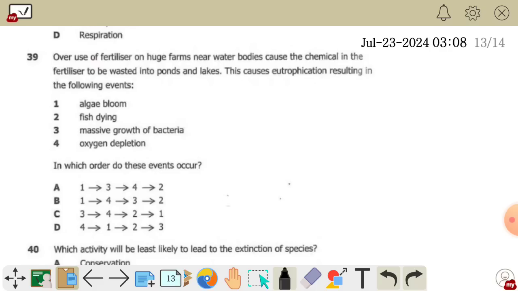Then from there we are going to have massive growth of bacteria. Then after that oxygen will be depleted, because these bacteria and the algae bloom will deplete the oxygen, which is number 4. And if the oxygen is depleted, the fish will die. So the correct answer here is A for question 39.